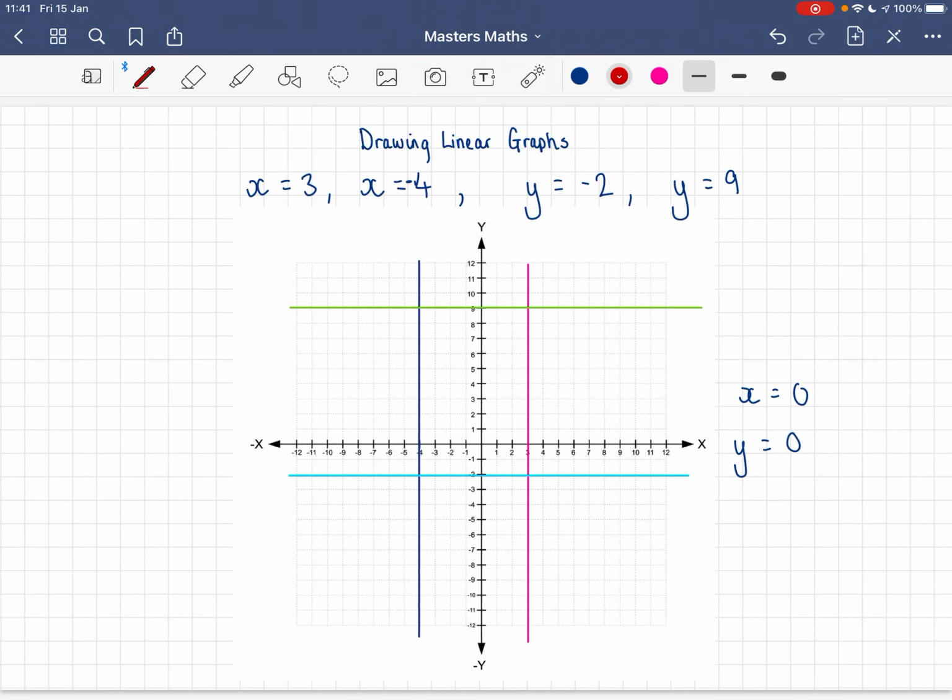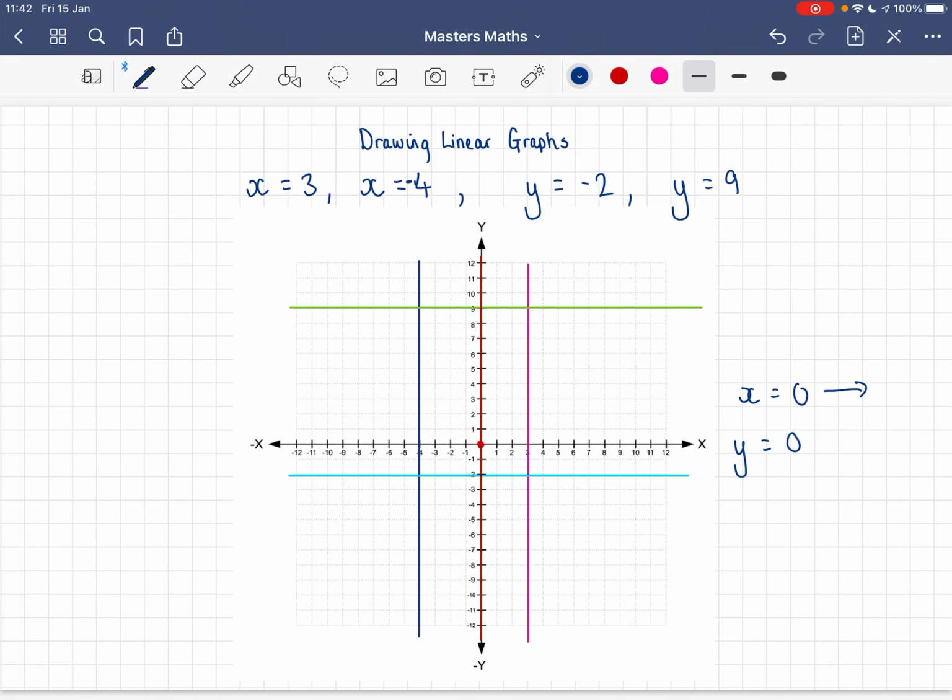So x equals 0, again, x equals something is a vertical line. The only point where x is equal to 0 is here, right in the middle. A vertical line going through that is actually the y-axis. So it's kind of counterintuitive. It's not what you expect, but when you think about it, it kind of makes sense.